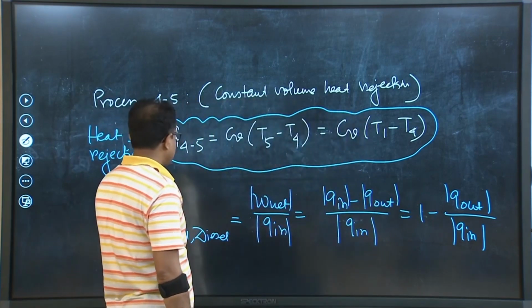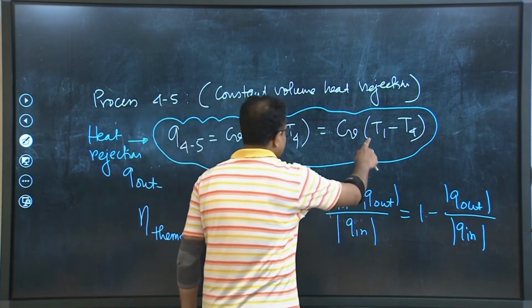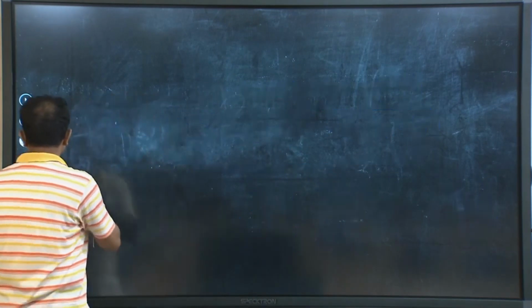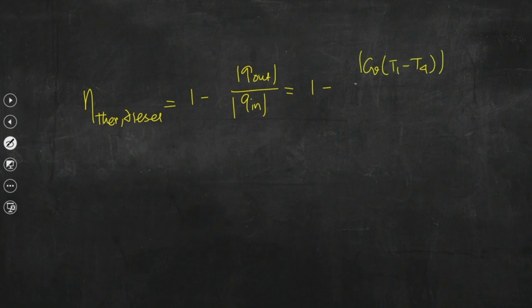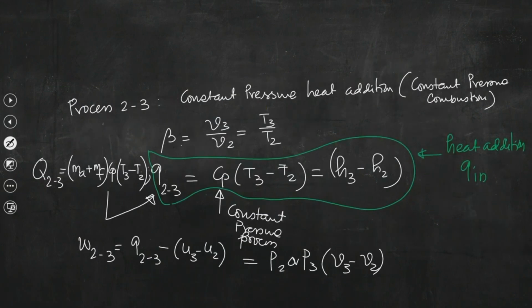So, Q out is this Cv into T1 minus T4. If we go to the next slide and write, eta thermal diesel equal to 1 minus Q out divided by Q in, that is 1 minus Cv into T1 minus T4 divided by Cp into T3 minus T2, because Q23, that is Q in, equal to Cp into T3 minus T2.